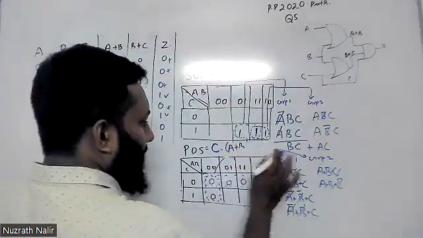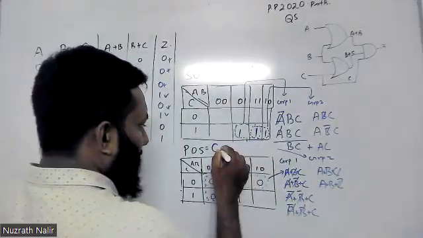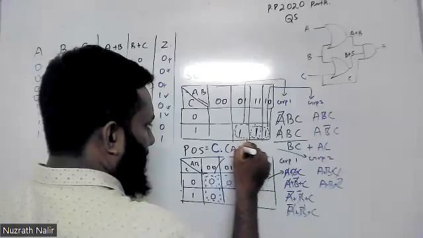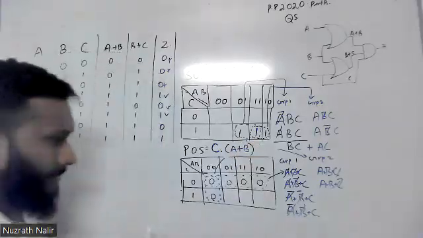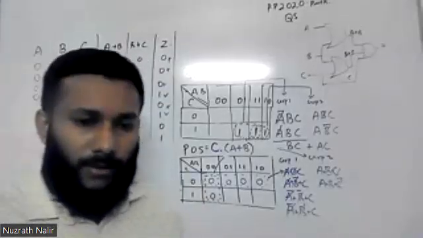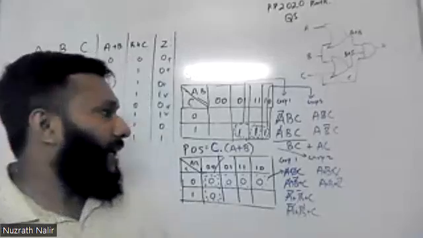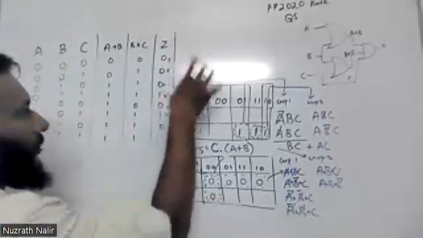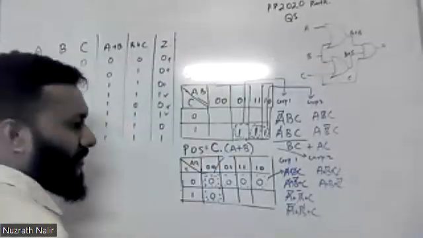Finally, C dot A plus B. Okay, so now you get the idea. So this is your SOP answer, and this is your POS answer.